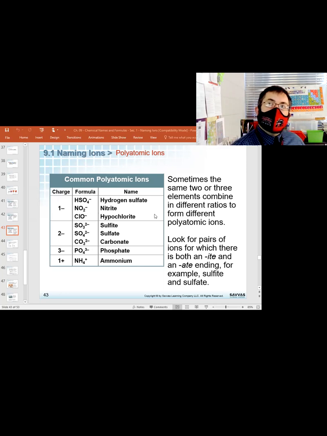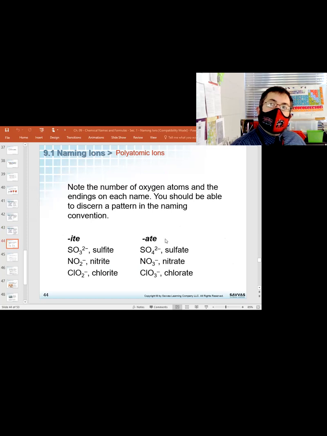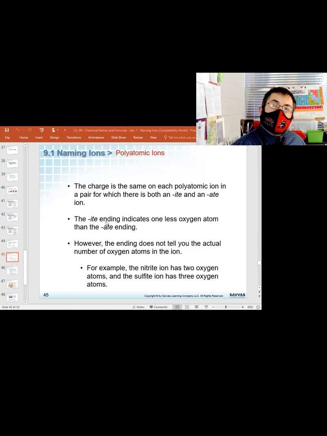So same thing here. Now, sulfite, sulfate, nitrite, nitrate, chlorite, chlorate, and you should see that pattern. Ite is fewer oxygens than the ate, but it still doesn't tell you how many.